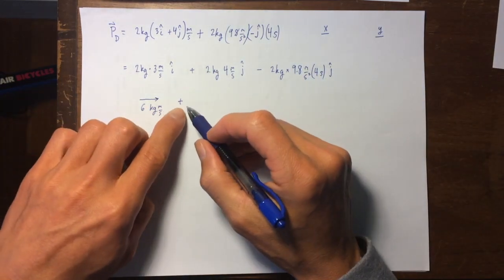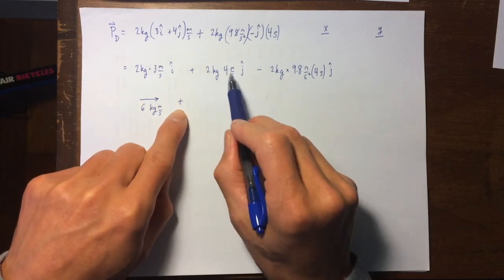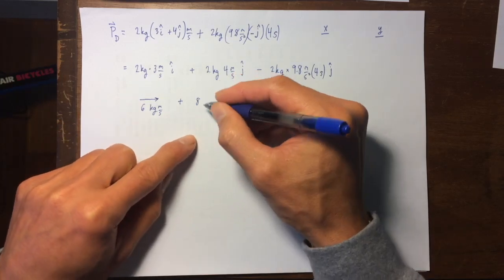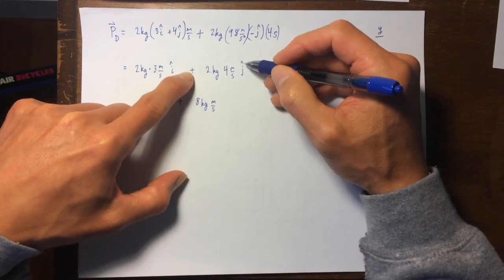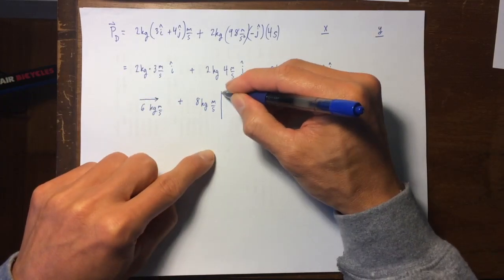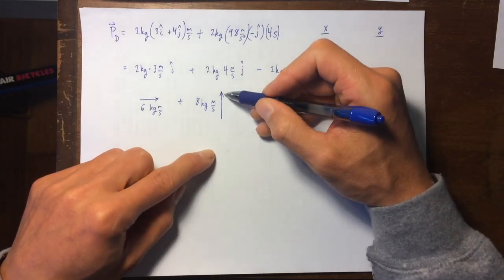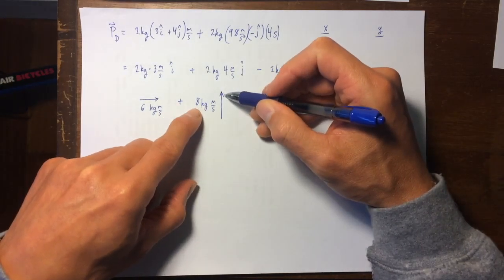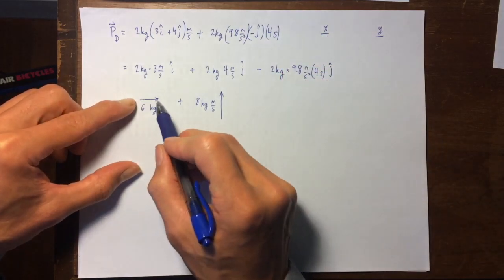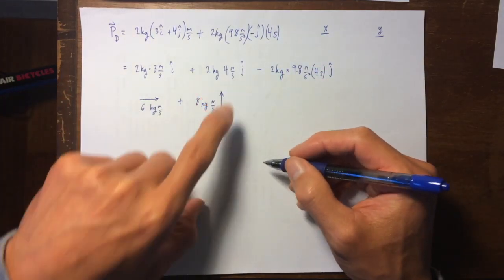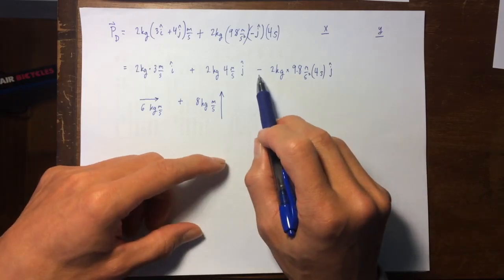And we're adding 2 times 4 is 8 kilogram meters per second. Positive J hat is an arrow. So this arrow is meant to represent that 8. This is a 6. So this thing is bigger than that thing, right? And it points up. And then we are subtracting off.